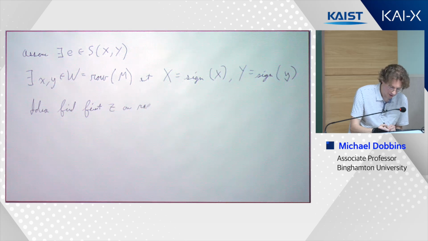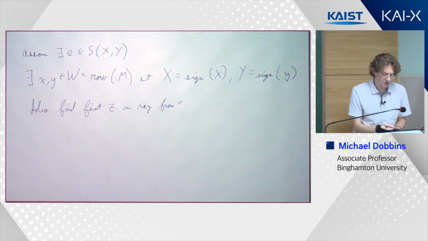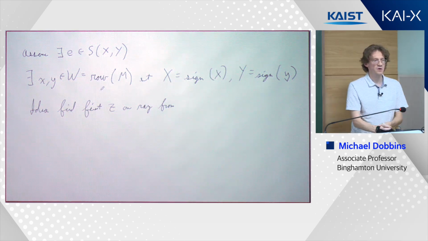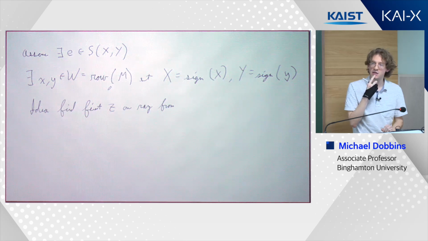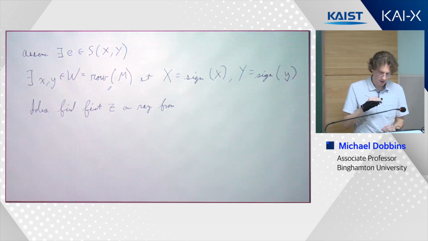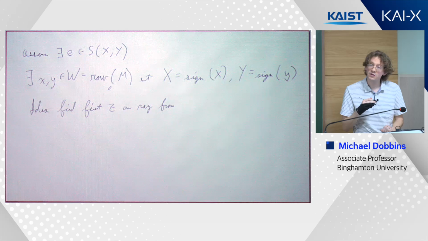Is it the null space? No, the null space would be if we looked at vectors, but now we're looking at covectors. So maybe you have sign x times M and sign y times M. Oh, pardon? Because it's a row space.